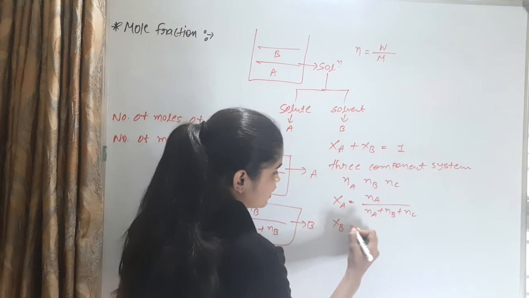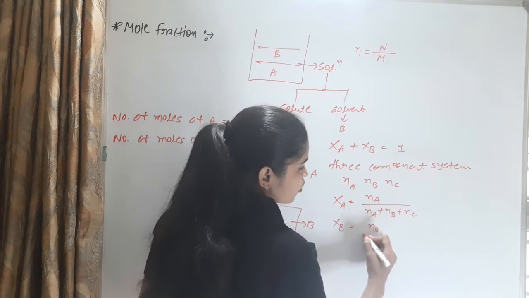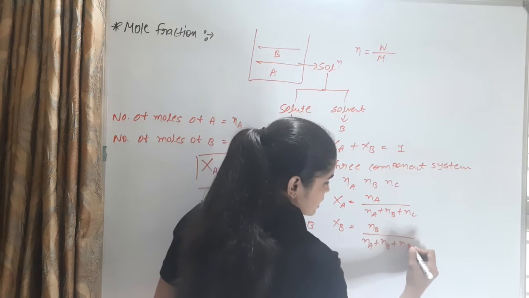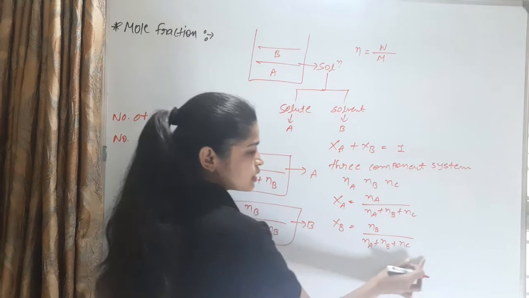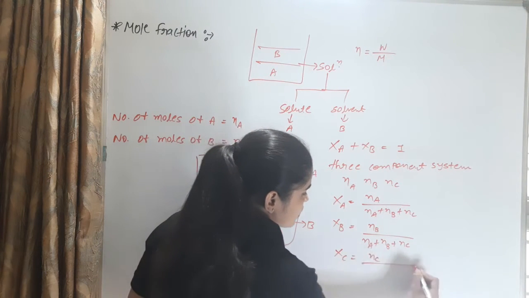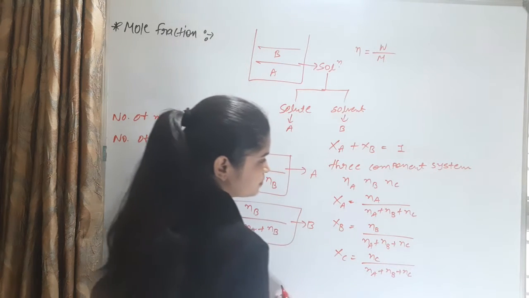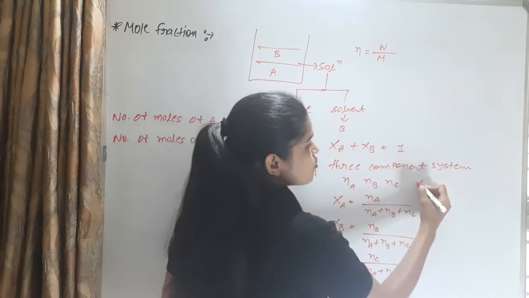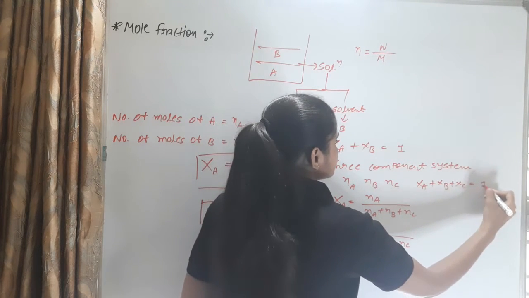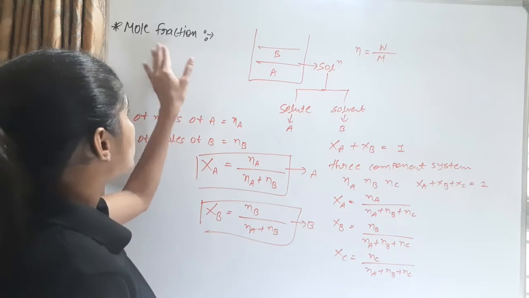Then the mole fraction of B, Xb, is the number of moles of B upon the number of moles of A, B and C, meaning the total number of moles in the solution. Then Xc is equal to Nc upon Na plus Nb plus Nc. And the total, Xa plus Xb plus Xc, is always 1. That way we find the mole fraction.